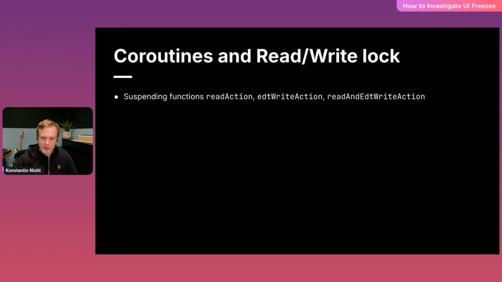Read and EDT write action is a function that helps to do a very specific pattern. Imagine that you need to compute something in read action and then apply this result in a write action. There is an API for this in our redaction.nonblocking builder, the Java builder, and this is the coroutine version.